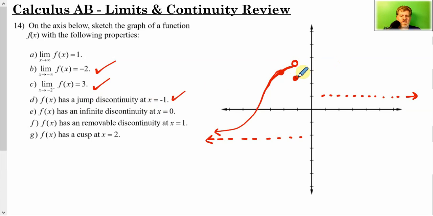All right, that means it's either shooting up to infinity or it's shooting down towards negative infinity. It doesn't matter which one. I did up because it was closer and easier to draw. And what about the other side? So the other side is also going to come from infinity, or it can come from negative infinity. It doesn't matter which side. So I think because my vertical asymptote is here, or horizontal asymptote is here, I'm just going to have it come from the top.